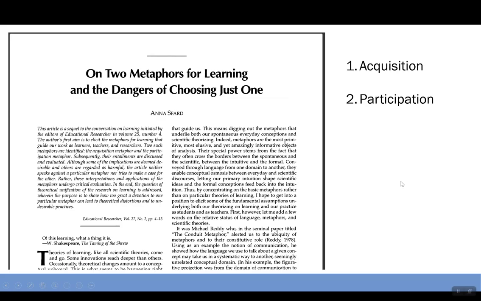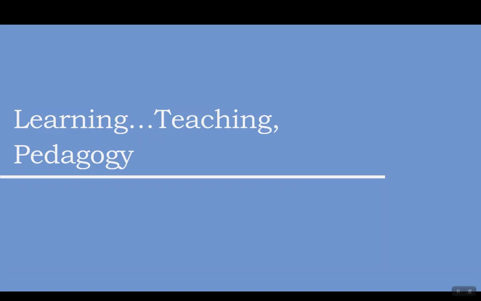So Anna Sfard compared these two, acquisition and participation, as metaphors for learning, and argued that it's good to have both metaphors, showing us that we can have multiple definitions for something. Instead of a limitation, it actually helps us to understand something. It's like looking at different angles of the same picture or the same object. The different angles help us understand it better.